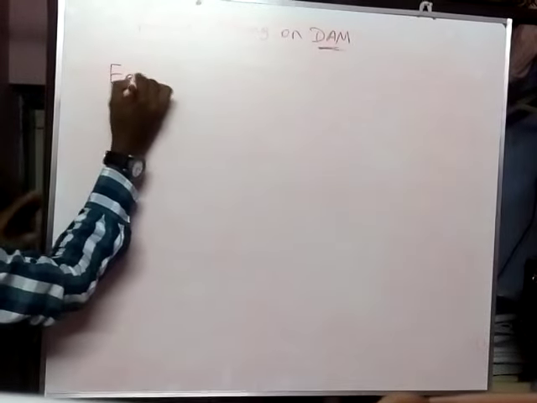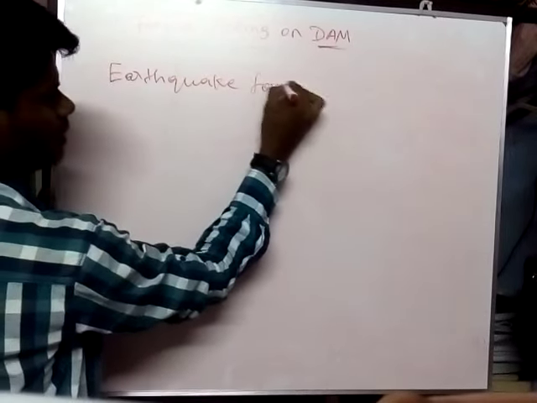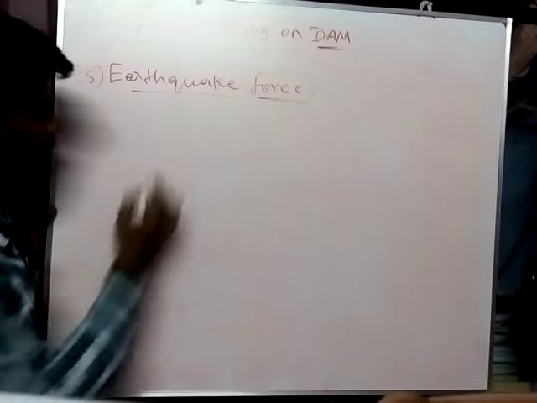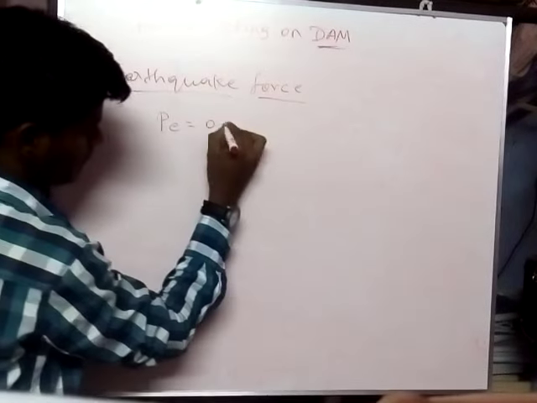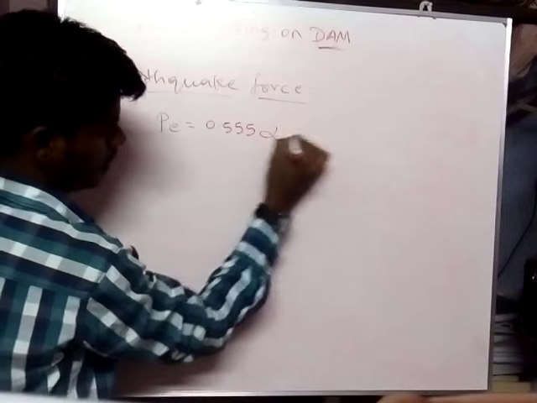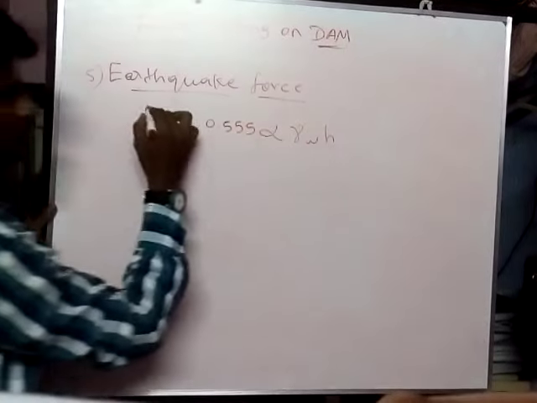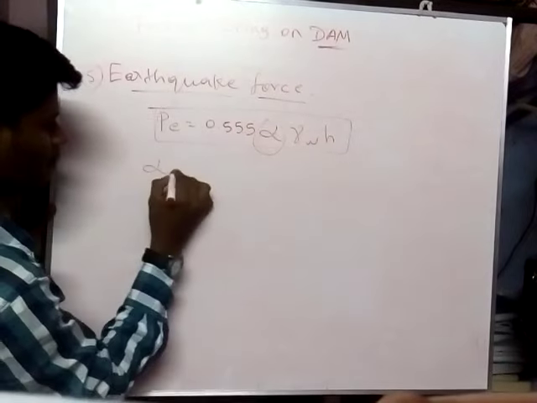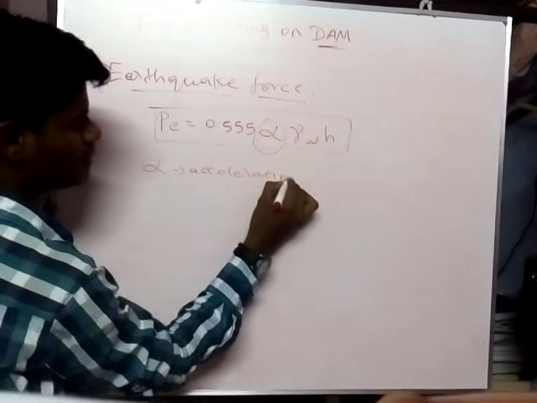Another one is earthquake force. So P is equal to 0.555 alpha UW into H. Alpha is the acceleration.